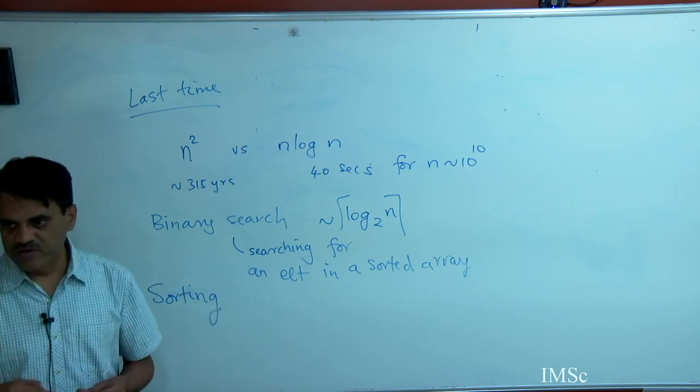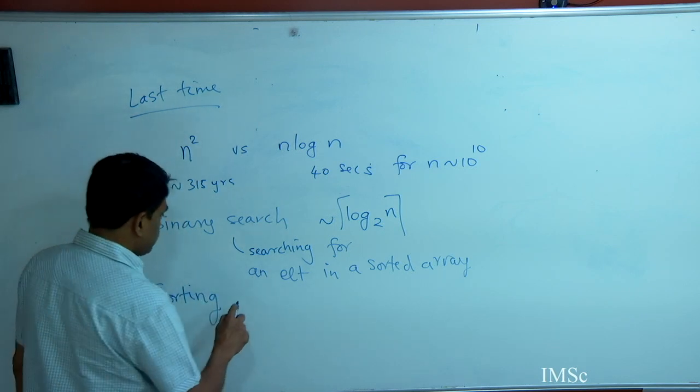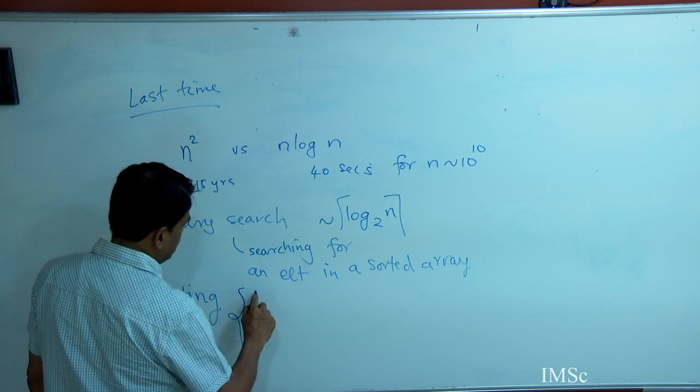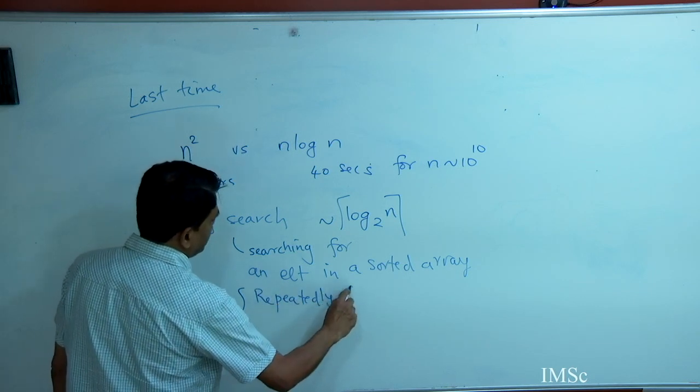That given some sequence of numbers, you want to arrange it in increasing order or decreasing order. So we saw a couple of algorithms. One algorithm was repeatedly find max.